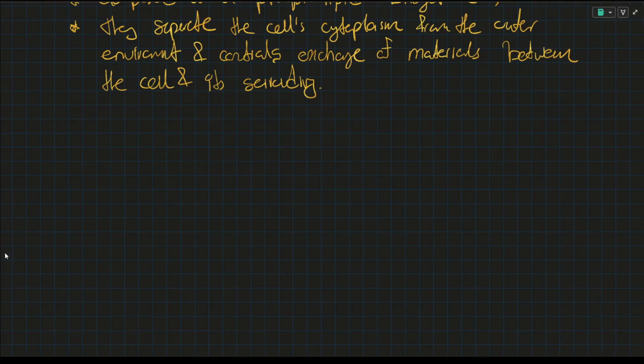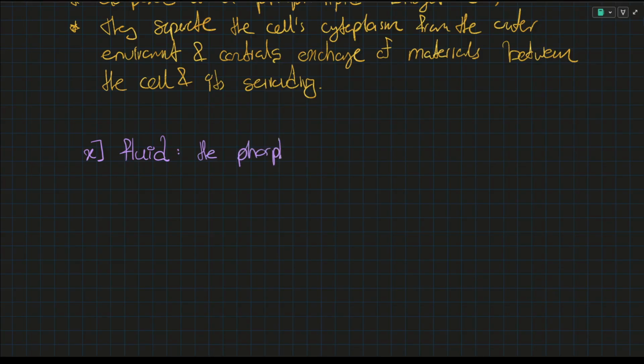Okay, then what does fluid and mosaic mean? Let me pick a good color. I think I want to go for a purple. Let's take it step by step. First, what does fluid mean? Now, the cell membrane is made out of a bunch of lipids known as phospholipids. More on phospholipids in a bit, but simply the idea of the fluid mosaic membrane being fluid lies behind this.